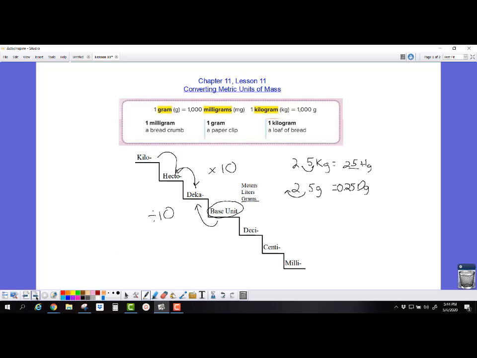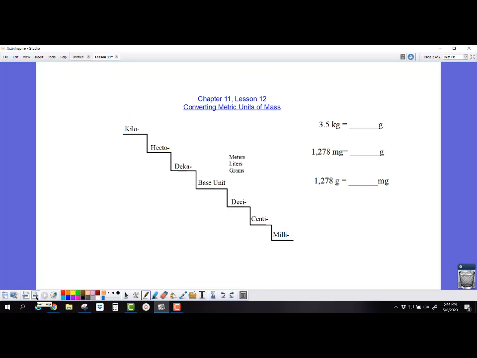So let's try a couple examples. Let's start with our first one here, 3.5 kilograms to grams. So I find my prefix kilograms. So when I'm at kilo, if I go down 1, 2, 3, I get to my base unit, again, which is grams.